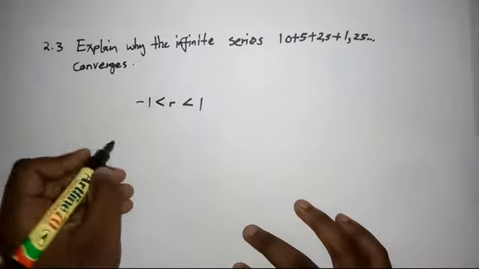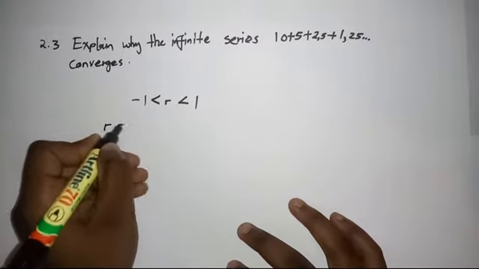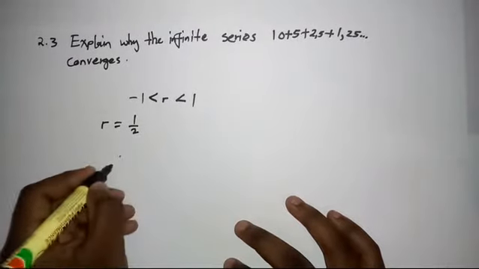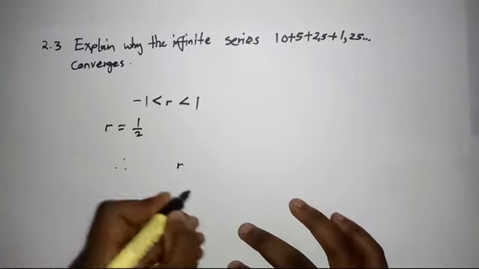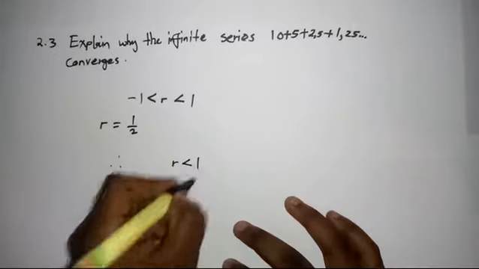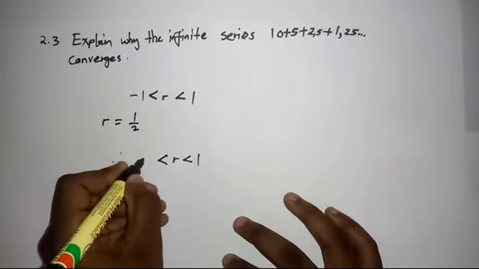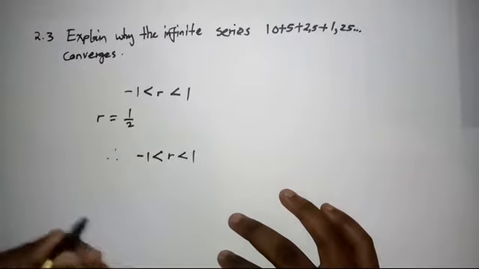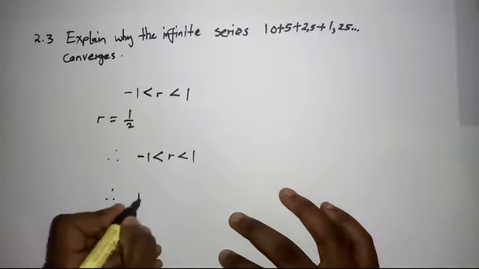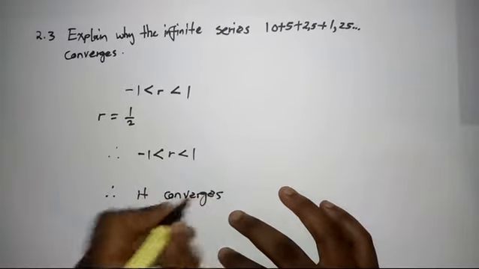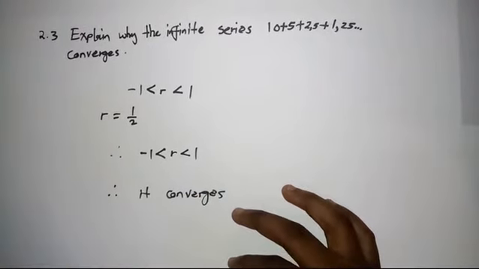This series has r, which is a half. So as you can see, r is less than 1 but greater than -1. Therefore, it converges. This is all that you need to do for this one.